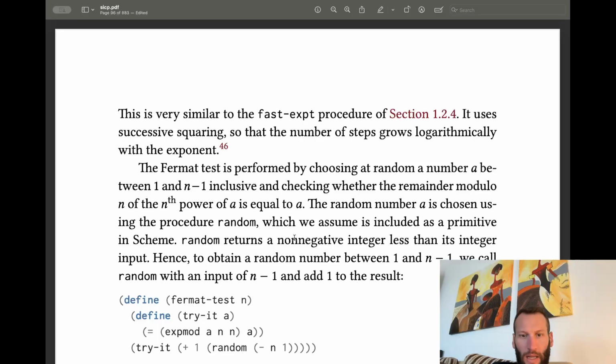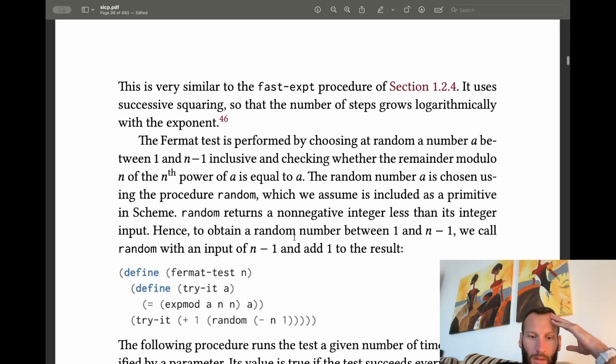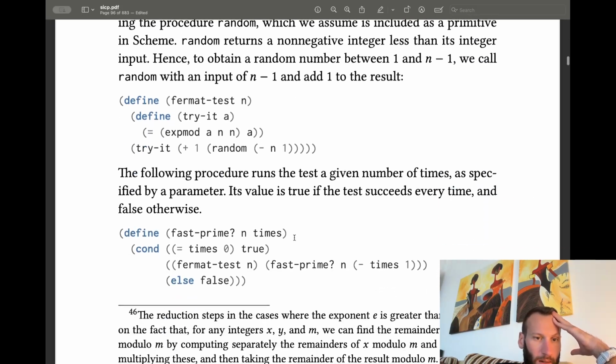Random returns a non-negative integer less than its integer input. Hence, to obtain a random number between 1 and n minus 1, we call random with an input of n minus 1 and add 1 to the result. This is very clear, very easy.